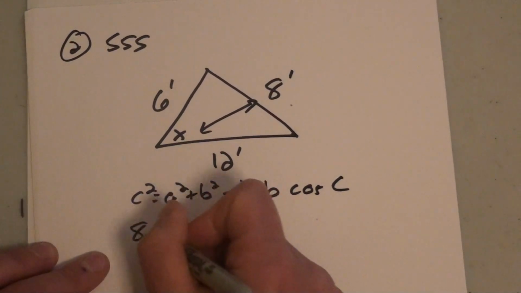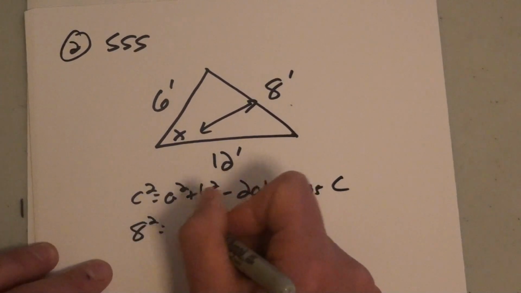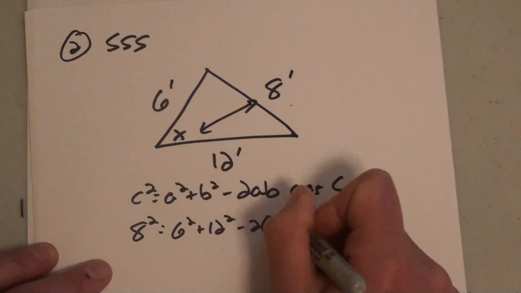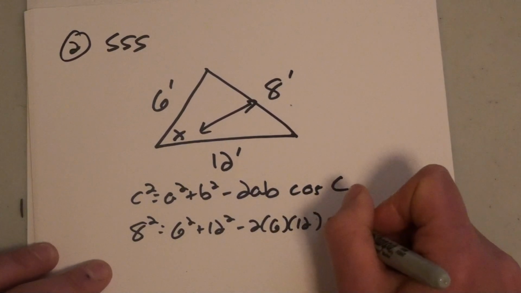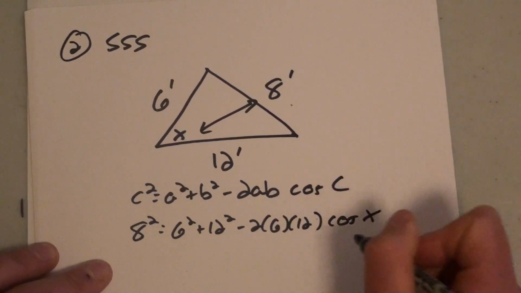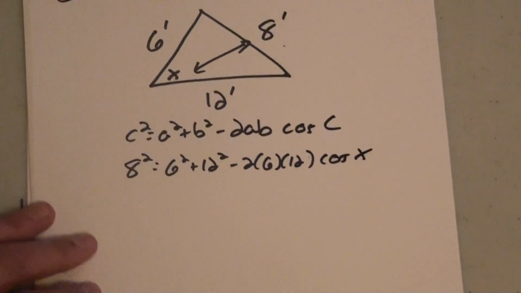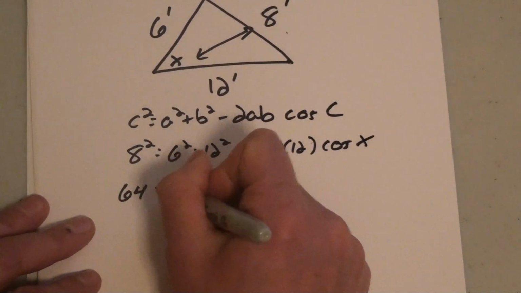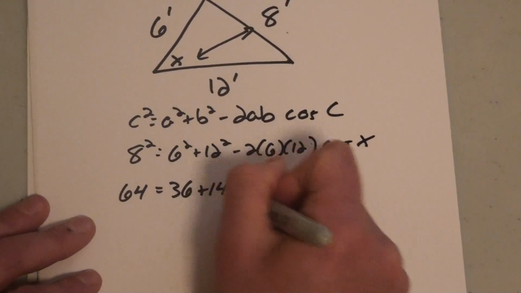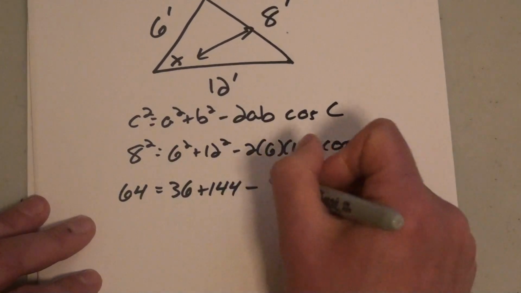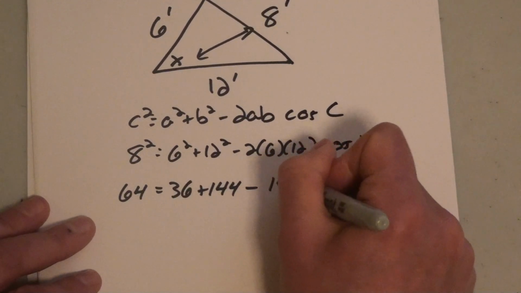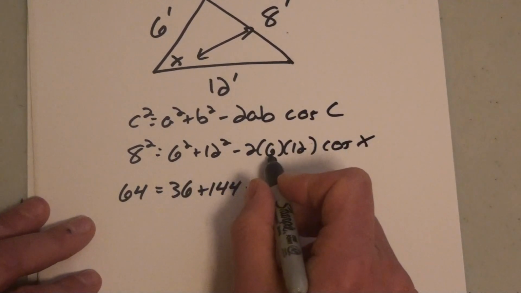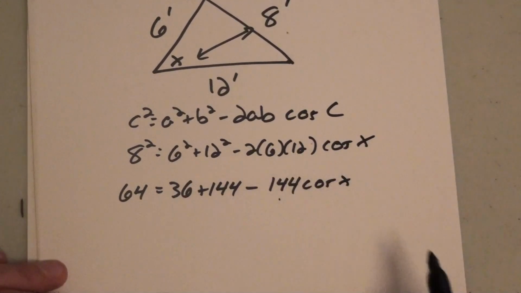So 8 squared equals 6 squared plus 12 squared minus 2 times 6 times 12, putting your a's and b's in, cos angle x. Again, do a little bit of work on that, so it would be 64 equals 36 plus 144 minus 144 cos angle x. 2 times 6 is 12, 12 times 12 is 144.